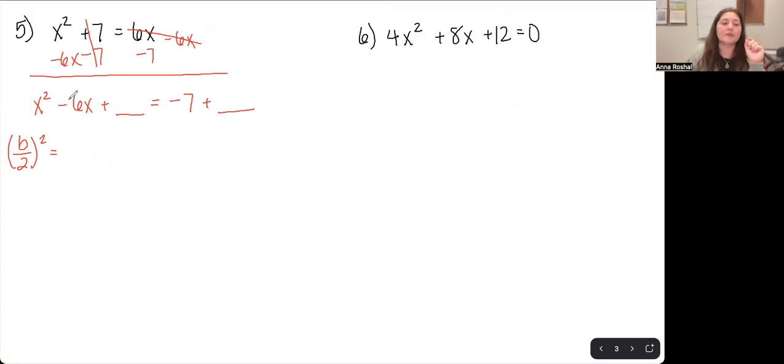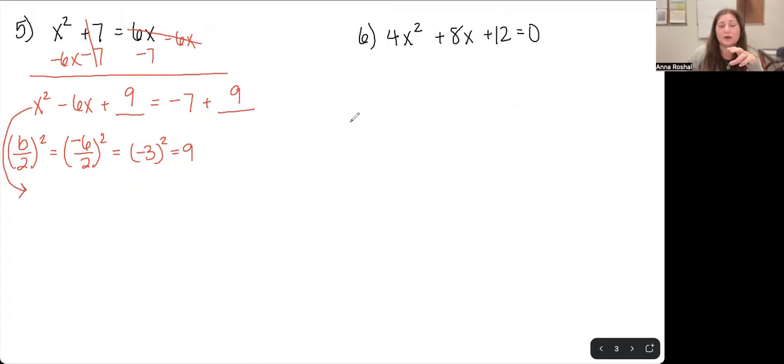Okay, so that being said, I've got negative 6 divided by 2 squared. So negative 6 divided by 2 is negative 3, and I'm going to square that and get 9. That means I'm going to add 9 to both sides. So now I'm going to take this kind of over here. This was kind of like my side work.